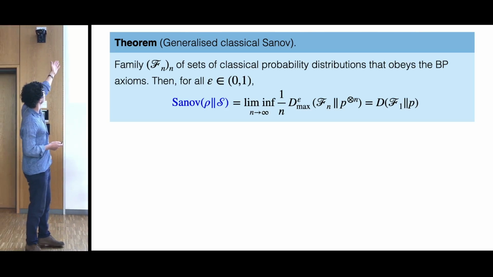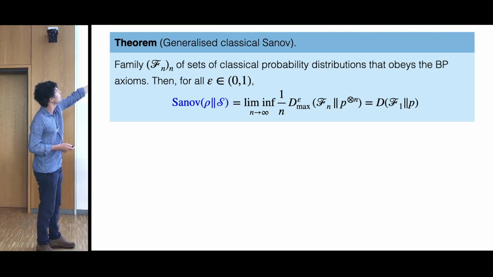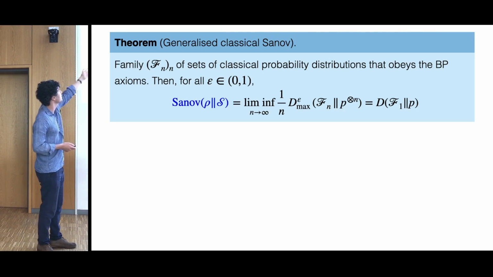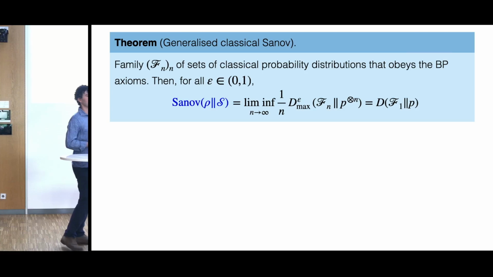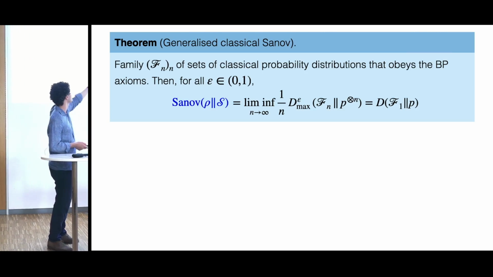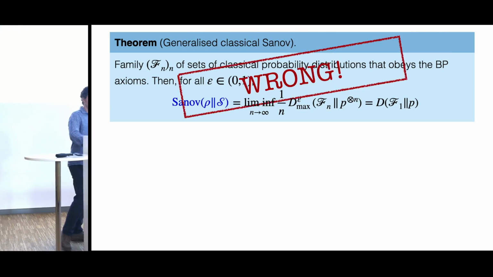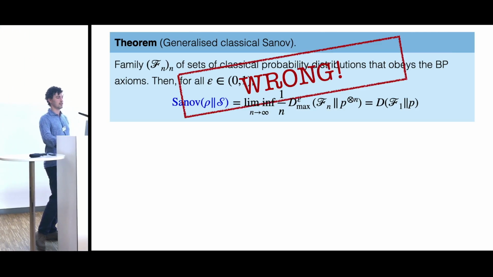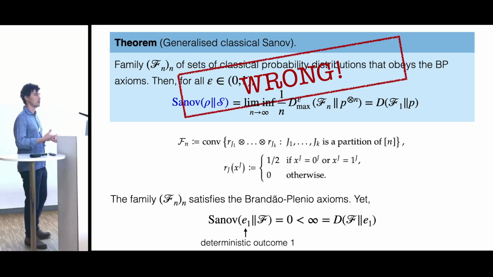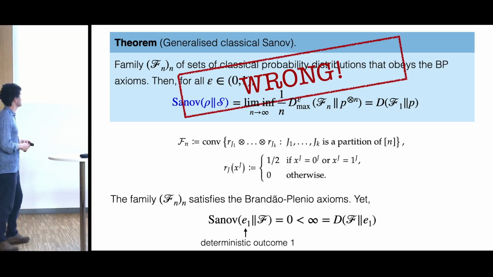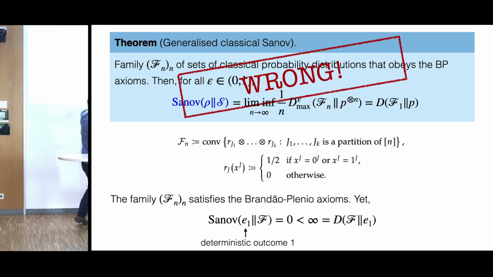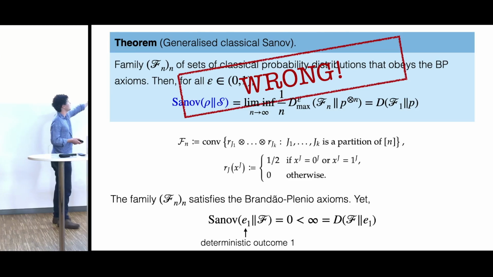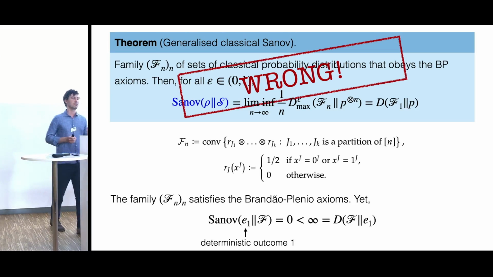A family that obeys the usual Brandau-Planck axioms, and then you would want the sum of exponent to be given by the reverse relative entropy, unregularized, because you don't need to regularize it. Unfortunately, this is wrong. There's a very simple counterexample that we have in the paper. It's very operationally understandable, in which the sum of exponent is 0, but the reverse relative entropy is infinity, so a substantial gap.